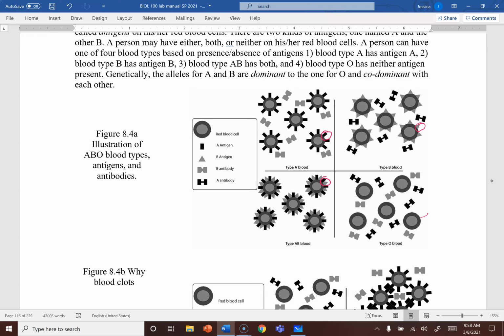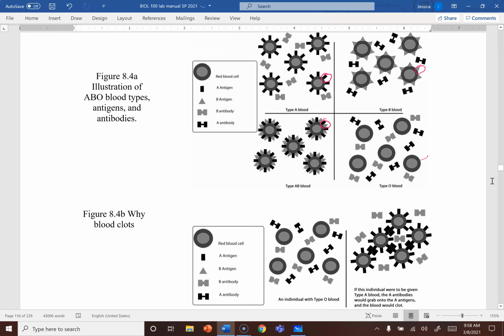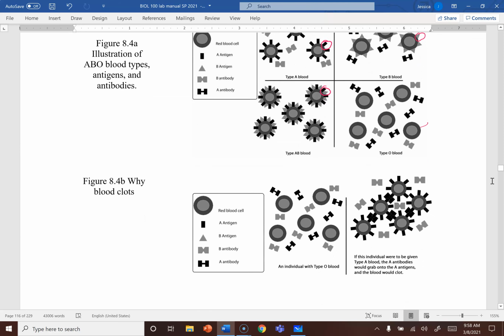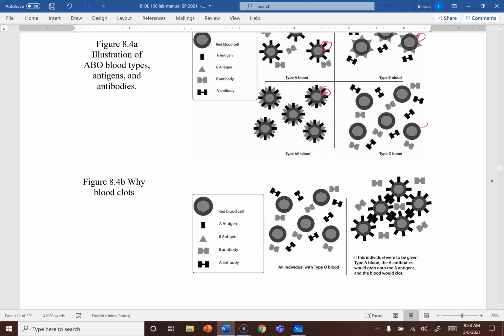So this is important because when they have antigens, this can elicit an immune response because of antibodies. So if you are an individual with type O blood, you produce both A and B antibodies, which means that your blood will produce a reaction in the presence of those A and B antigens.